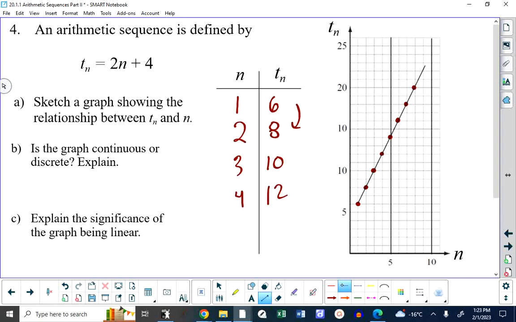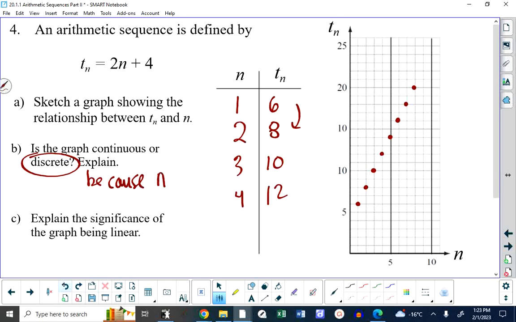There's not a 1.85 term and a 2.6255558 term. There's a first term and a second term, etc. So we are not allowed to draw a line, which means it's discrete, because n has to equal 1 or 2 or 3 or 4, etc.